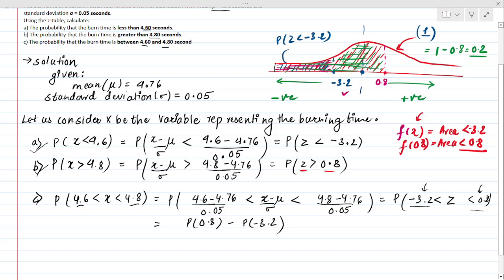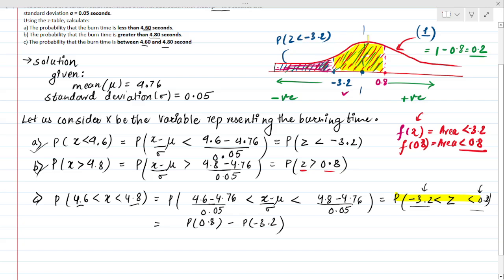So when we subtract the small area from the bigger area, you will get what is left in the middle portion. That means it will be this area, and that is what the statement -3.2 < Z < 0.8 says.